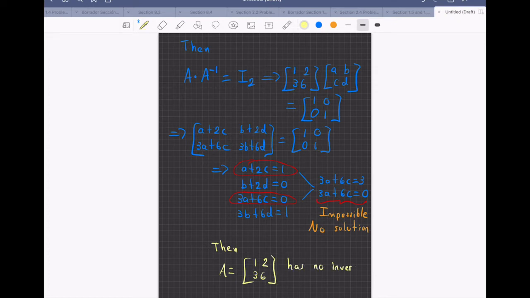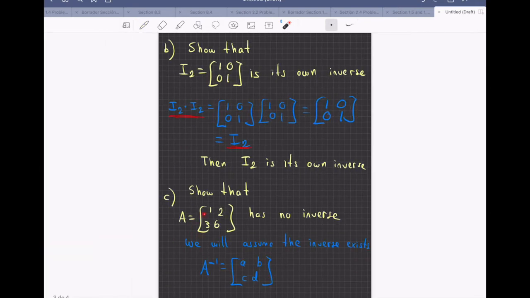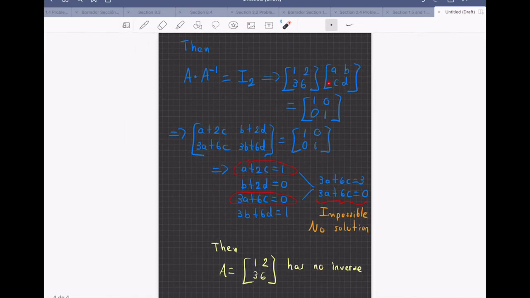In many problems where you have to find the inverse, you're going to end up with a system of equations like this. So again, in this case, we wanted to show that this matrix has no inverse. I assumed that there was an inverse, and then I multiplied and set this equal to the identity with size 2, because this is the definition.